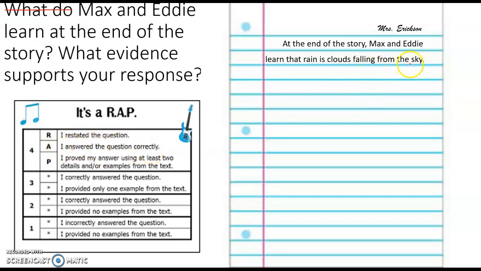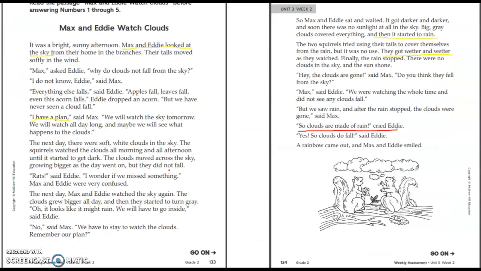I know that I answered it correctly because I went back to the text. Now I need to prove my answer using at least 2 details or examples from the text. So I need 2 pieces of text evidence. I'm going to choose the sentence frame, I know this because. And let's go back and see, how do we know they learned clouds are made of rain? Oh, well, I see right here, Max says, we saw rain and after the rain stopped, the clouds were gone.